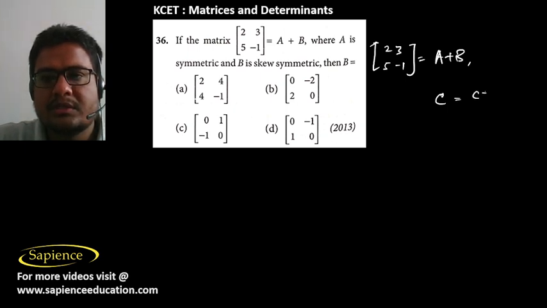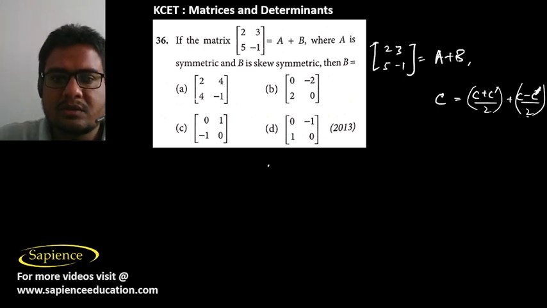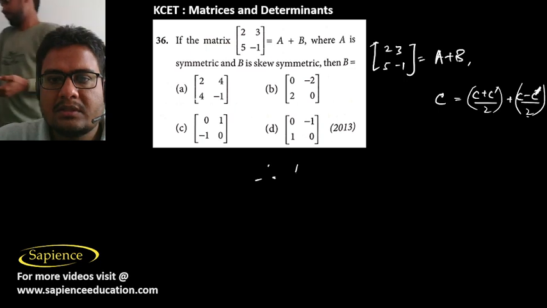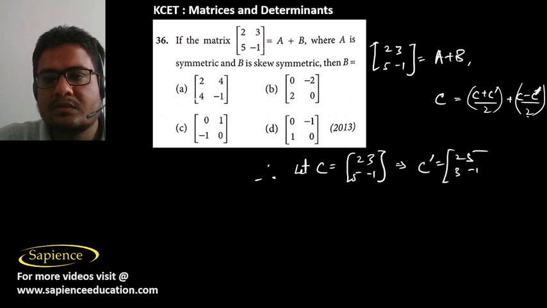C can be written as C plus C transpose by 2 plus C minus C transpose by 2. The first will be the symmetric matrix and the second will be the skew symmetric matrix. Now let us say the matrix C is 2 3 5 minus 1, and this implies C transpose will be equal to 2 5 3 minus 1.